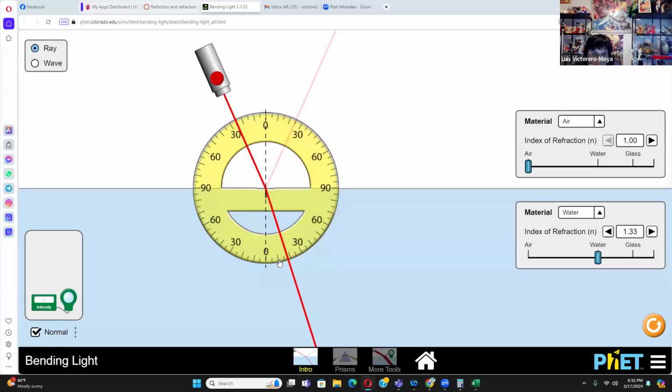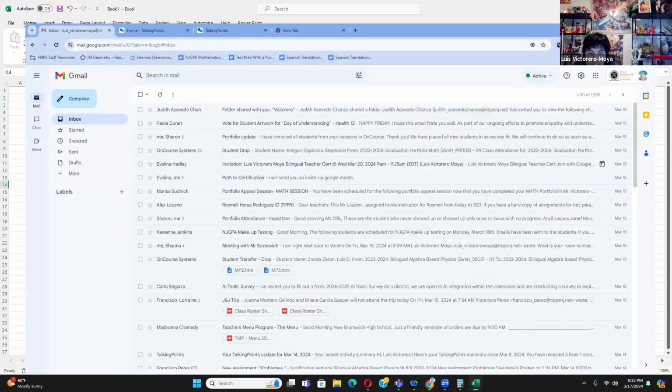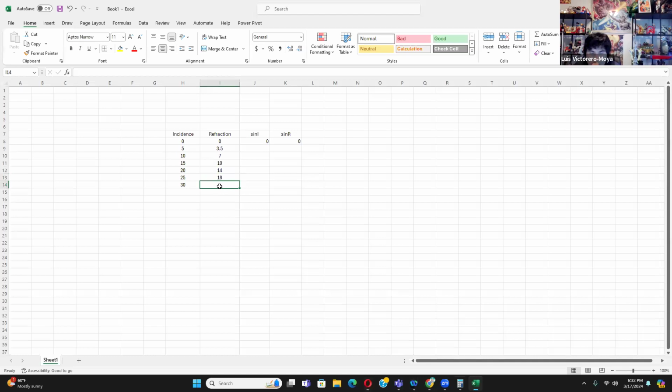Yeah, this is around 18. It has to be less than the angle of incidence because the index of refraction of air is less than the index of refraction of water. So that will give you a lower angle of refraction, of course. And then for 30 incidence, I get about 21.